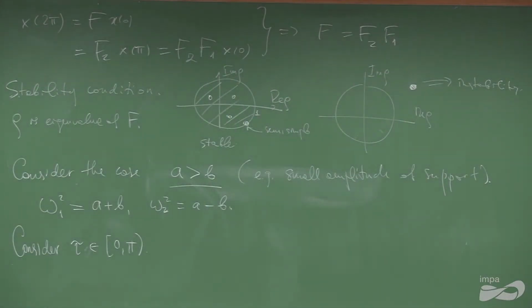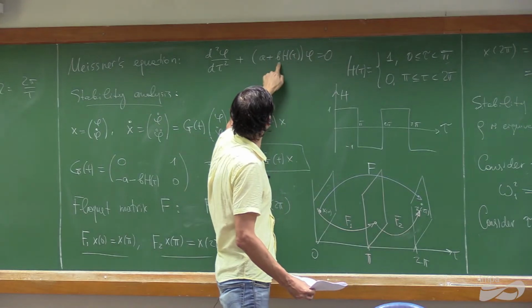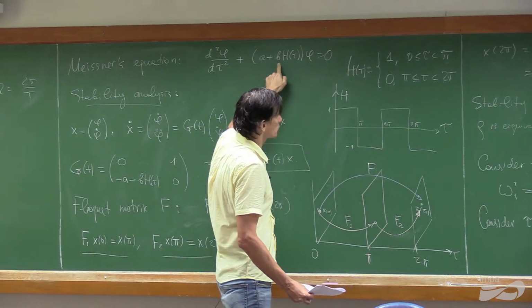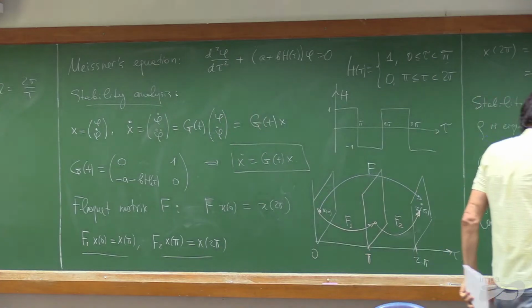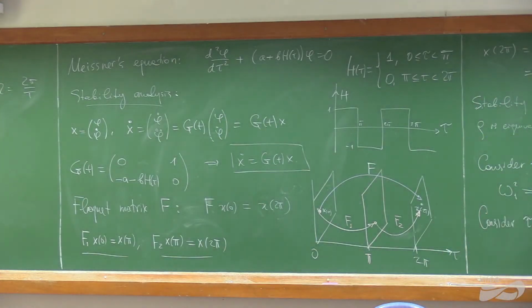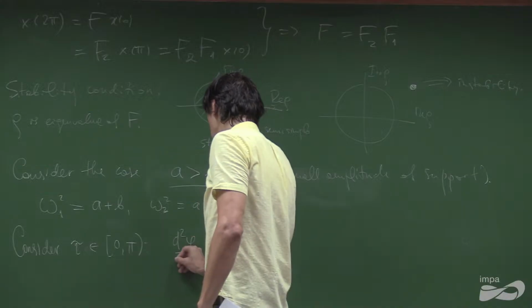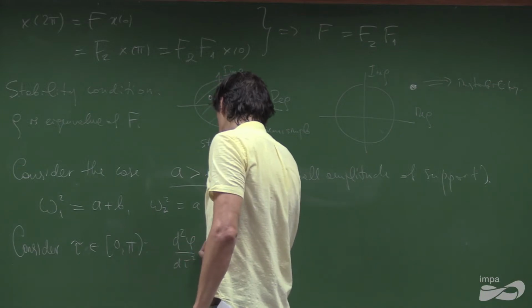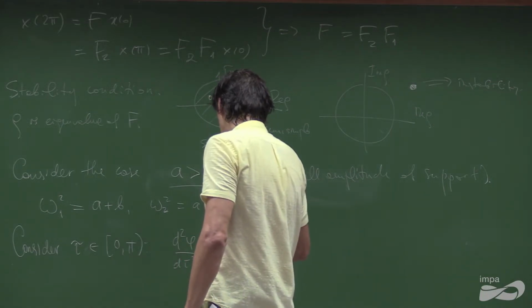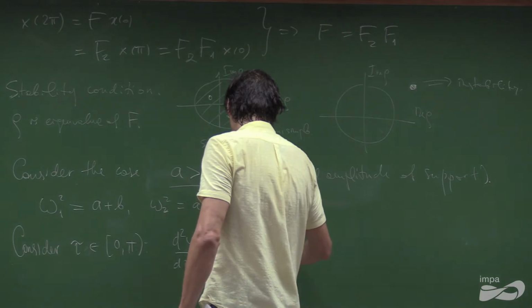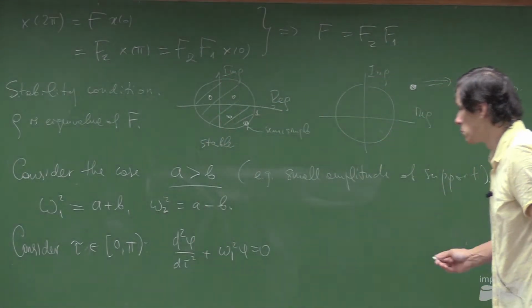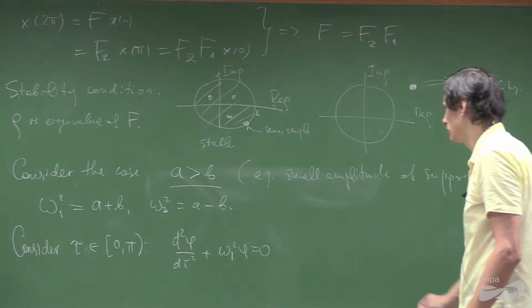In that case, H capital is just 1, so A plus B gives omega 1 squared. The equation of motion becomes d2 phi d tau squared plus omega 1 squared phi equals 0. And this we know how to solve.